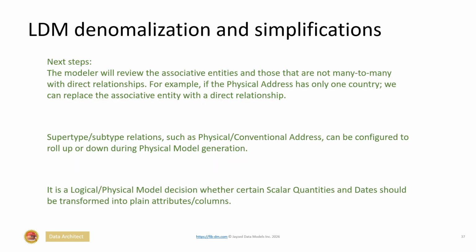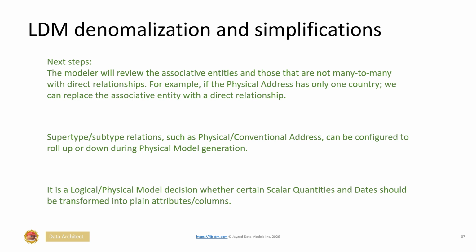Yeah, some further denormalization and simplification steps. As a modeler, you shall review the associative entities, and those that are not many-to-many, you're okay to replace with direct relationships. So if the physical address has only one country, we can replace the associative entity with a direct relationship.